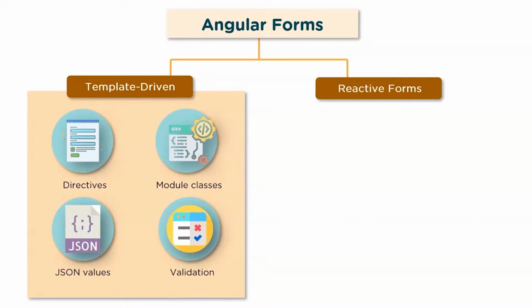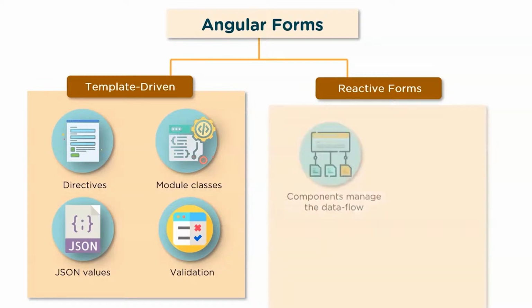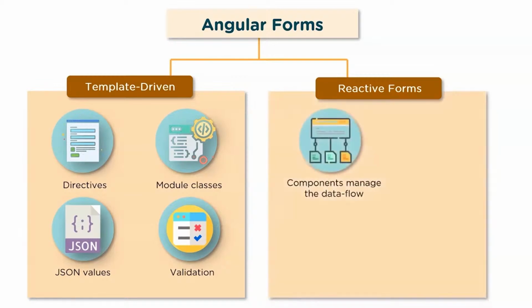So moving on to reactive approach. Now this approach is the programming paradigm revolving around data flows and propagation of change. Now with reactive forms, the component directly manages the data flows between the form controls and the data models. Now reactive forms are code-driven unlike template-driven approach.